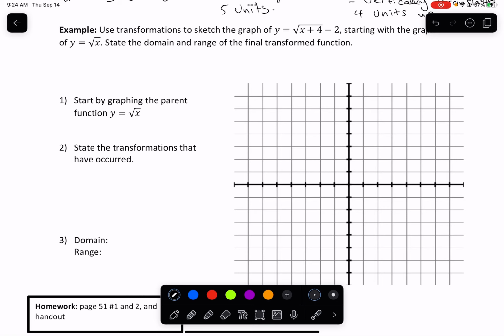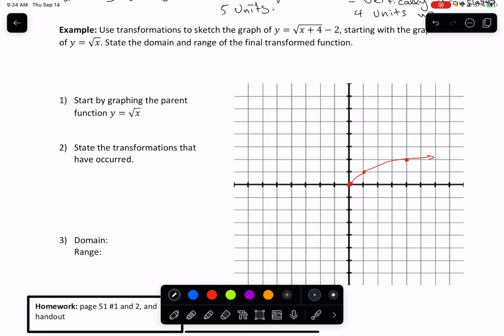Plot those points. Do what it tells you to do. No different than the quadratic stuff from last year, right? So we're going to plot the original, the hook, and then we're going to transform that graph based on what it's telling me to do. State the transformations first, though.